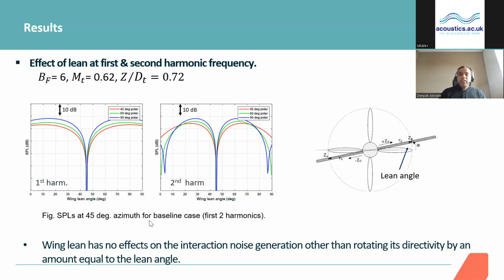We can see that the wing lean has no effect on the interaction noise other than rotating its directivity by an amount equal to the lean angle, which makes sense, because when you give a lean angle to the wing, there has to be a null position somewhere over here at 45 degrees, which can be seen here. So in conclusion, the wing lean has a minimal effect on the overall amplitude, but it does change the directivity.